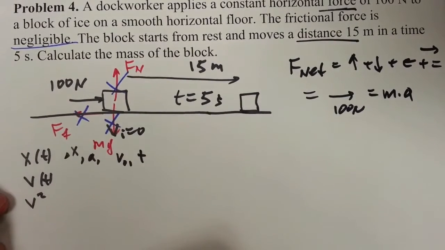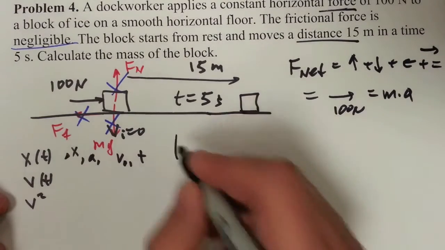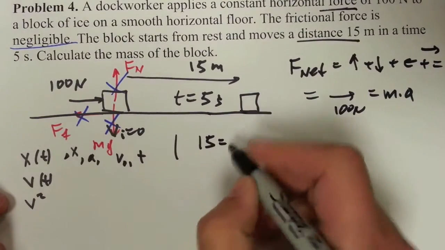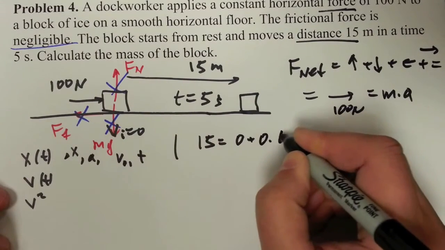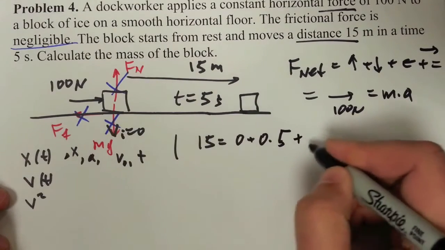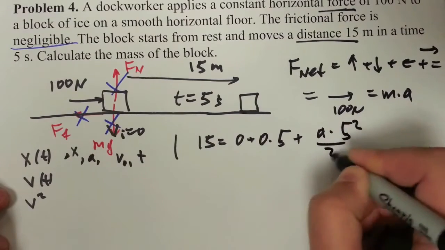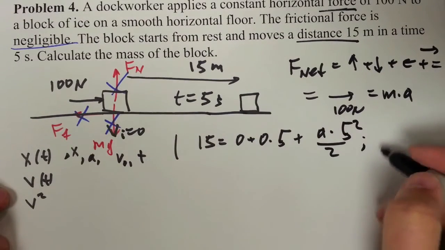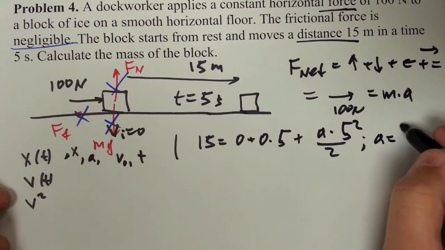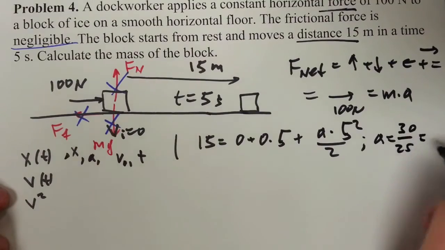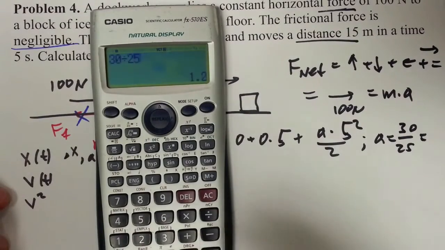So, 15 meters should be equal to 0 plus 0 times time, well, 5, plus acceleration times time, which is 5 squared divided by 2. So the acceleration will be equal to, well, that's 30 over 25, 1.2.